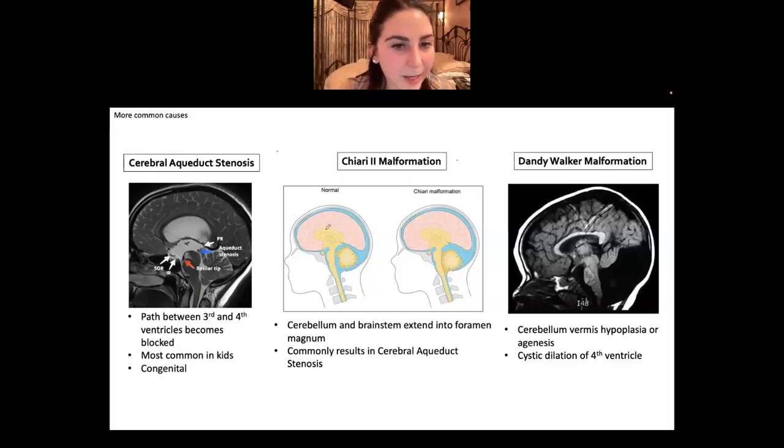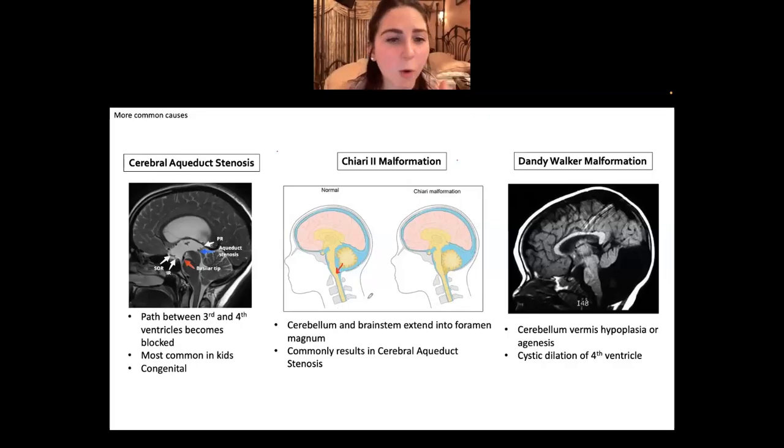It's not as bad. But basically what happens in Chiari malformation is, remember that cerebellum? It dips under and it blocks flow between the third ventricle and the fourth ventricle, or it can block the fourth ventricle out. This picture looks like it's blocking after the third ventricle, but it can also block above it, and it can block below it.